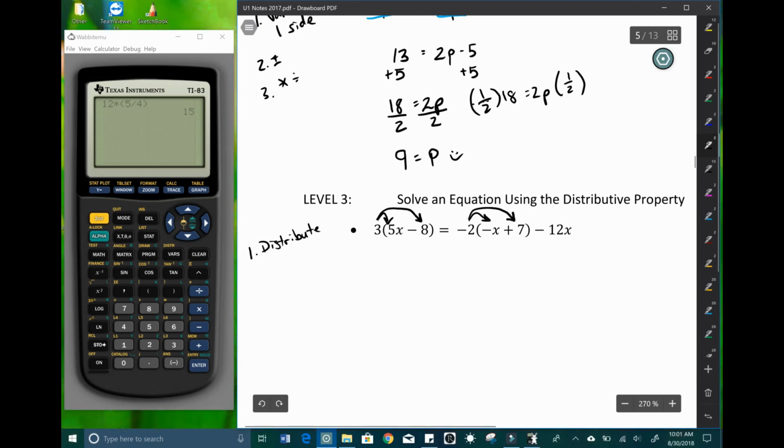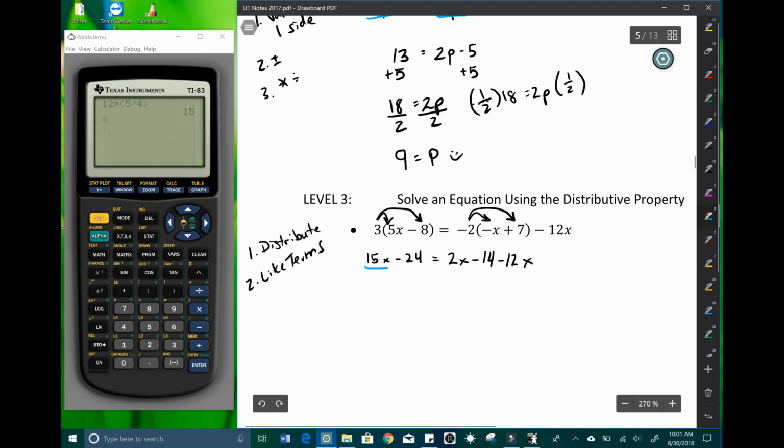So 3 times 5x is 15x. 3 times negative 8 is minus 24 equals 2x. Negative times a negative is a positive. Negative 14 minus 12x. Combine like terms. Again, if you need to highlight them, you can.